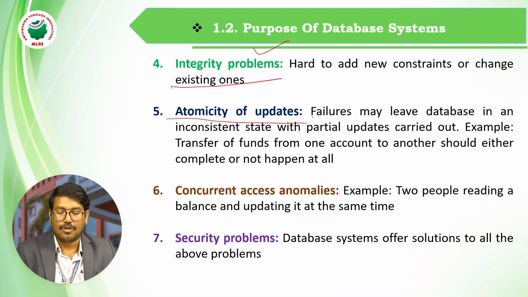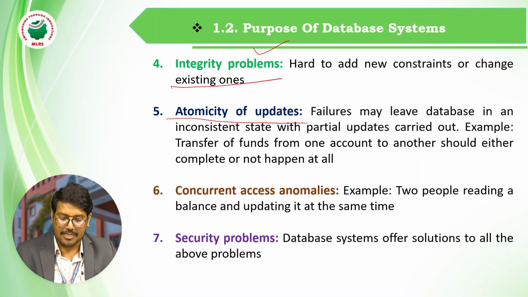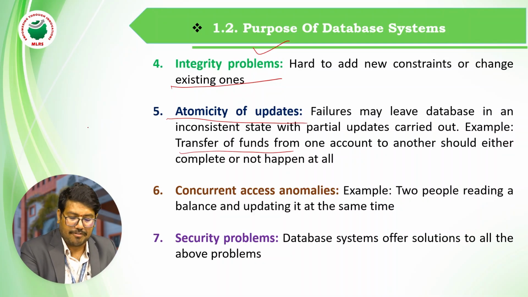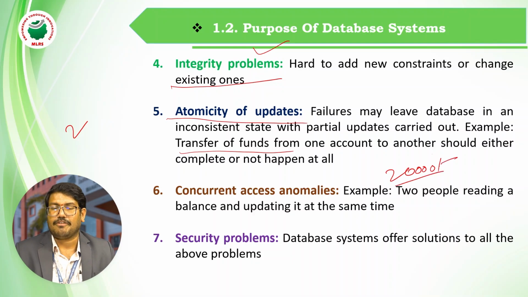And atomicity of the updates. I can explain this with an example. When I'm doing a transaction, suppose I transfer 20,000 rupees to an account using an online payment method. Whatever the reason, the total amount may transfer or the total amount may not transfer. There are only two possibilities.